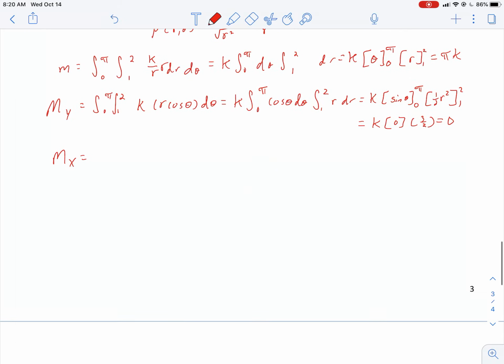So now let's do the rotation with x, 0 to pi, 1 to 2, and we just have our k. And now we have to introduce y, so that's r sine theta. So we put in our y, d theta, and I'm going to pull out what I can.